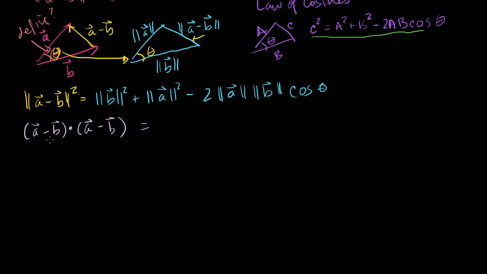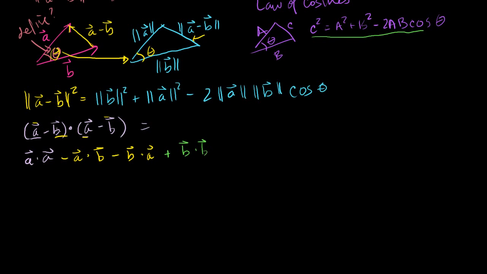A minus b dot a minus b, this is the same thing as a dot a, right? Those two terms, minus a dot b, minus a dot b. And then I have minus b dot a, minus b dot a. That's those two terms right there. And then you have the minus b dot minus b. That's the same thing as plus b dot b.